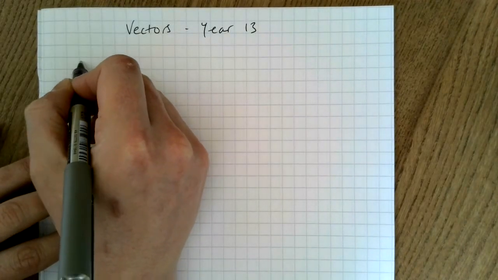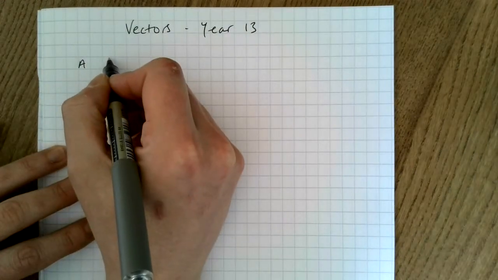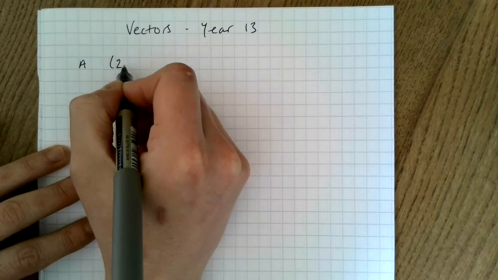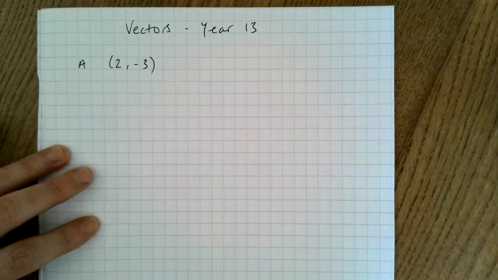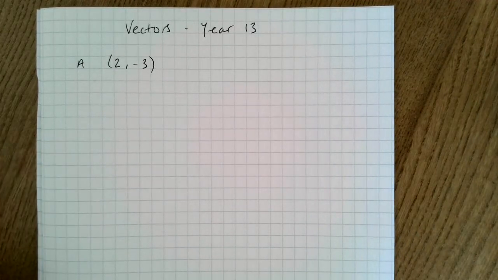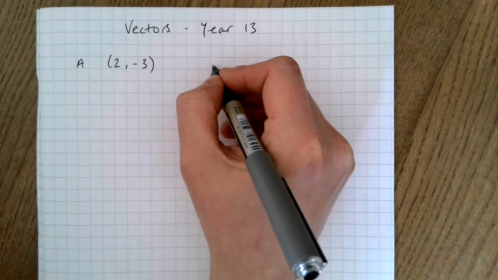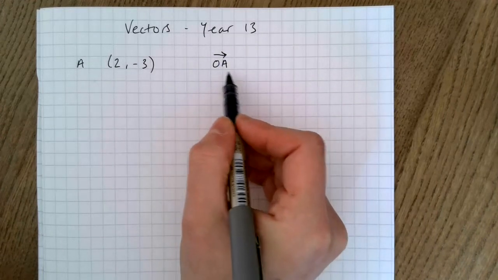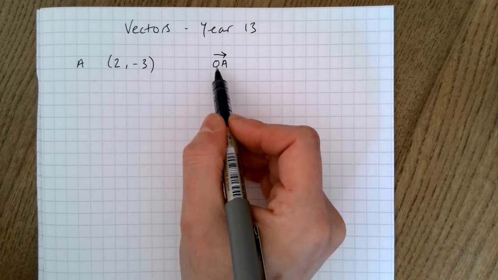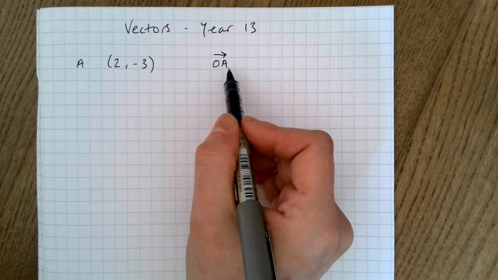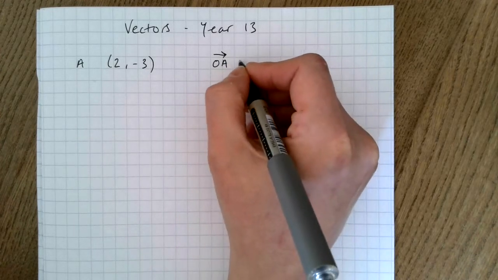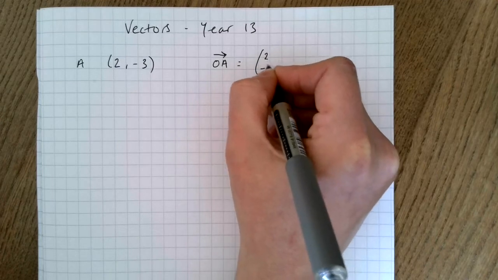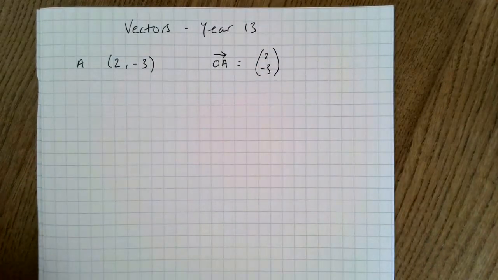So let's say that there's a coordinate A, and the coordinate A is (2, -3). Some of the notation you will have met before: the position vector of A, we could write that as OA, so that takes us from the origin, from (0, 0), up to A, and it is (2, -3) if we write it as a column vector.